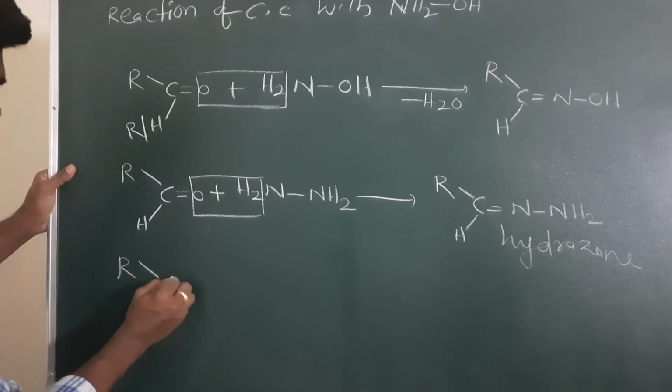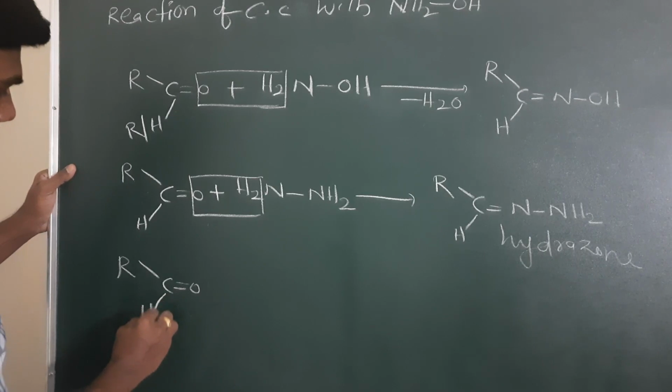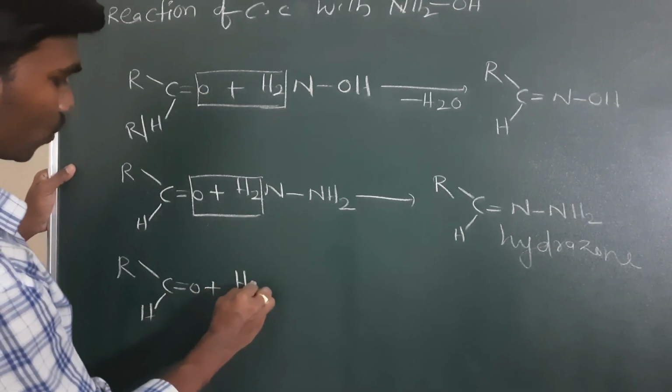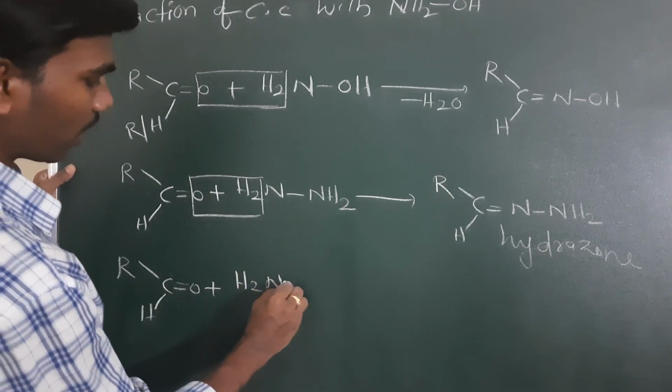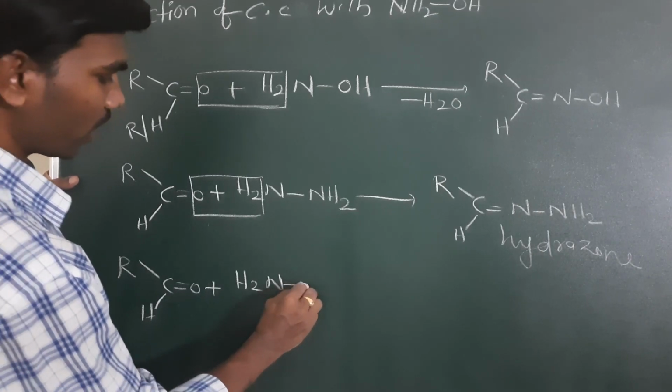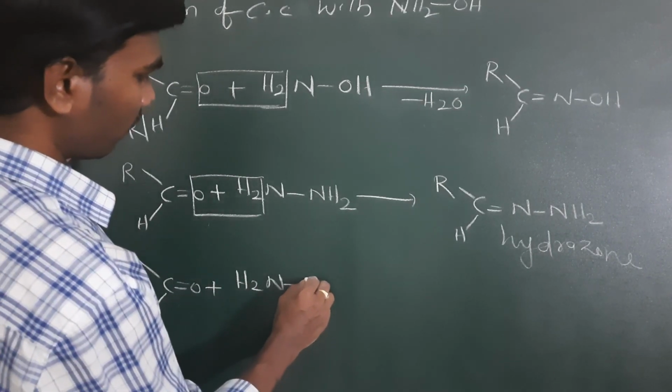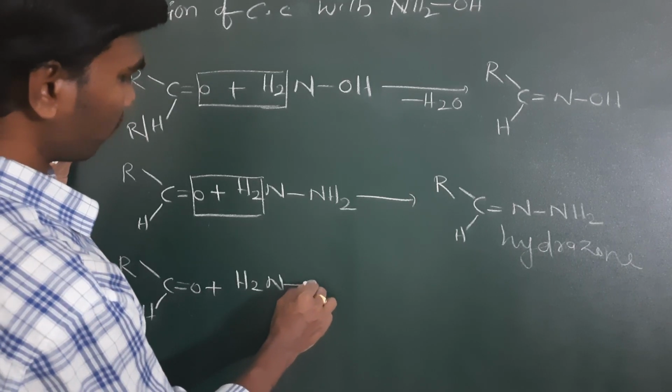Now the reaction of phenylhydrazine. RC double bond OH reacts with H2N, where instead of ammonia, NH3, one hydrogen is replaced by a phenyl group.